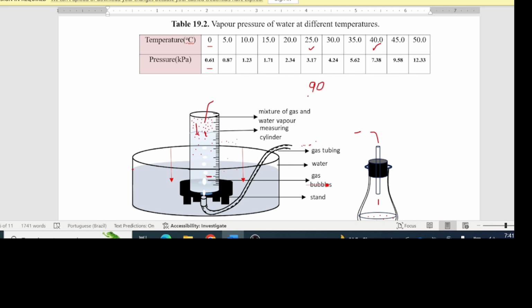This is the total pressure of the gas as well as water vapor. So you have to go and see what is the vapor pressure of water at 25 degrees Celsius, and you subtract that from this here. So you subtract this value from the total pressure, and that will give you the real pressure of the dry gas.